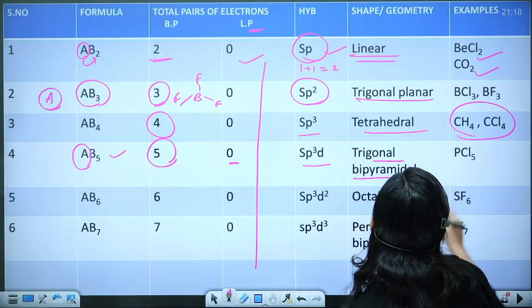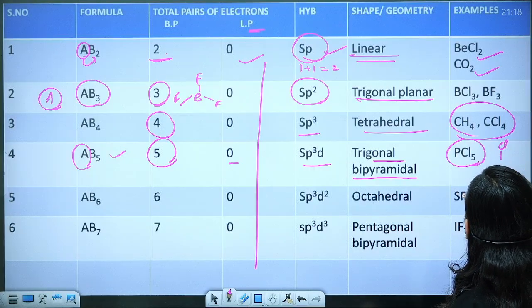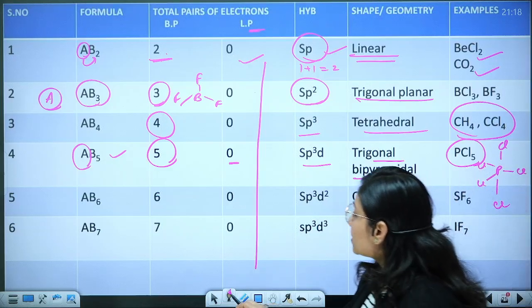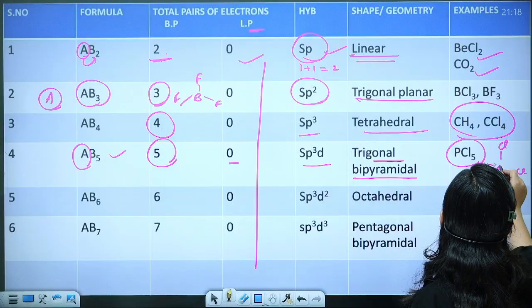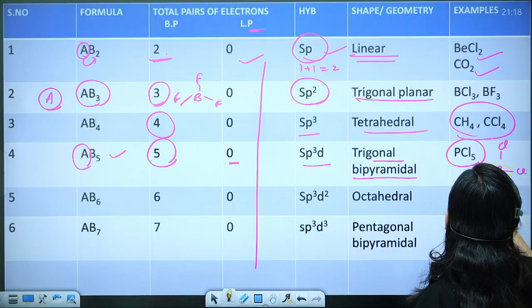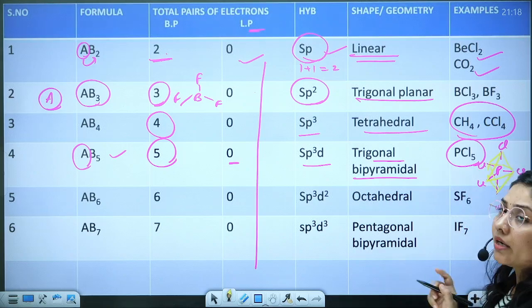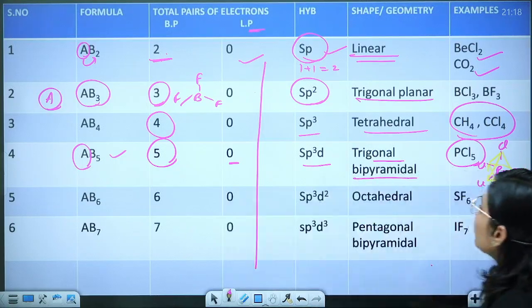This is the geometry of PCl5. You have seen 2 axial bonds, and there were Cl in the equatorial position, and this was making the geometry where we can see a trigonal thing with the pyramids attached to it. That's why it is named trigonal bipyramidal.